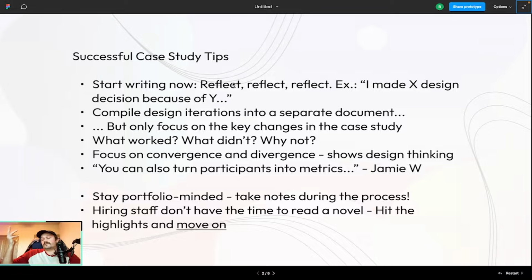And even things you might not expect. You could think, when you're done, I wish I had included this artifact, that artifact, this bit of text, whatever the case may be. So always keep it in the back of your mind that you are going to present this work in some form or fashion.